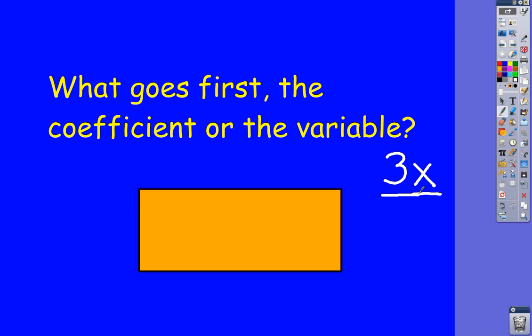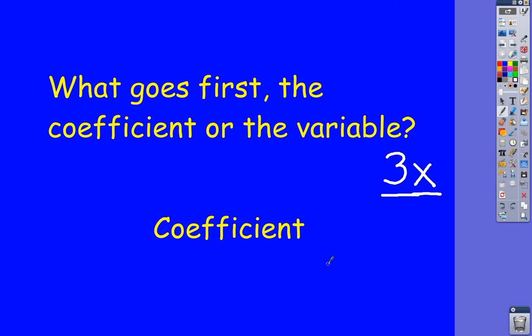Now, when we have variables and coefficients, we always want to put the coefficient first. So if I was multiplying x times 3, it's actually more appropriate to write it as 3x. We want the coefficient before the variable.